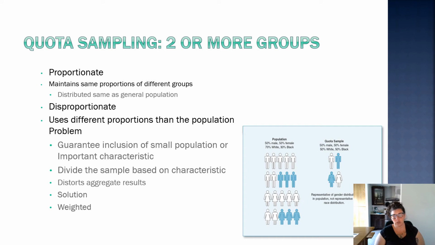And what you would do, when you're doing your analysis in SPSS, is a weighted solution. You would weight the people who haven't fallen more strongly than the people who have fallen, and you're still getting the amount of information that you need from the people who have fallen.